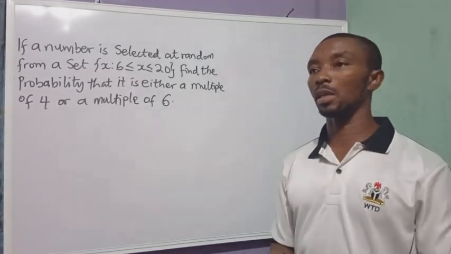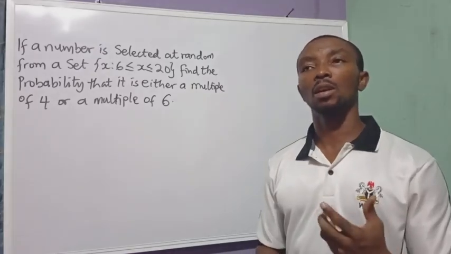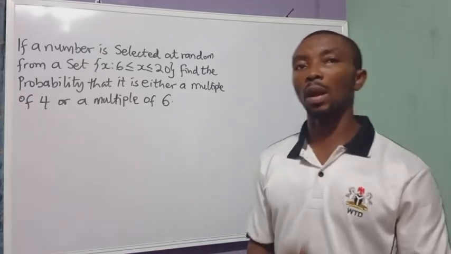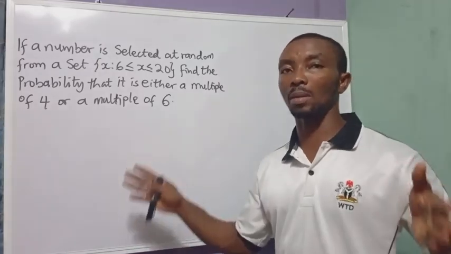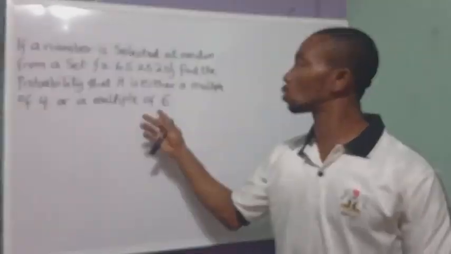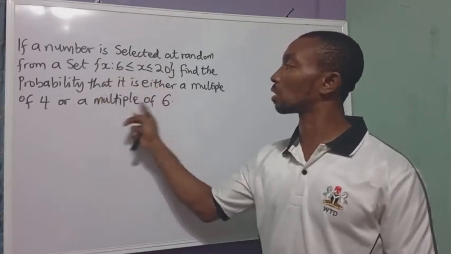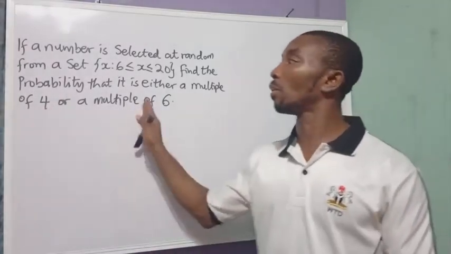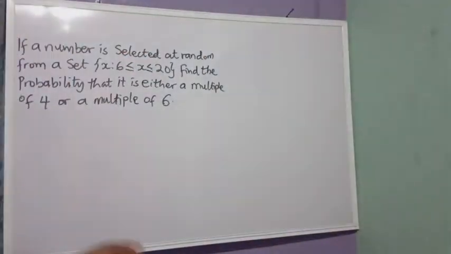Remember we said a mutually non-exclusive event is an event that can occur simultaneously, at the same time, while exclusive events are those that cannot occur at the same time. So since we are able to pick numbers from 6 to 20 that are both multiples of 4 and 6 at the same time, we are looking at mutually non-exclusive events.